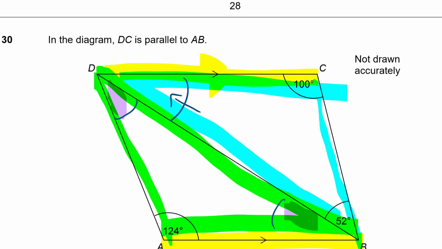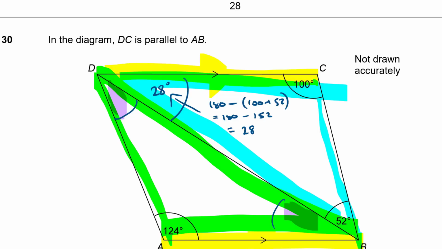So I know that that angle is equal to 180 minus the other 2. So it's going to be 100 plus 52, which is 152. So 180 minus 152, what's that equal to? 180 minus 150 is 30, and 30 subtract 2 is 28. So that angle there is 28 degrees.